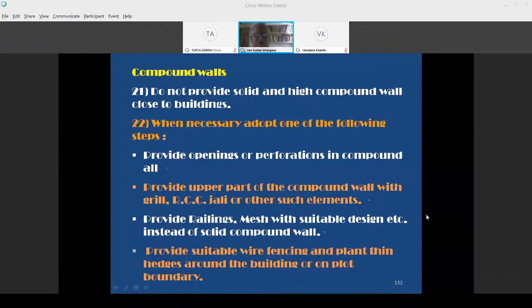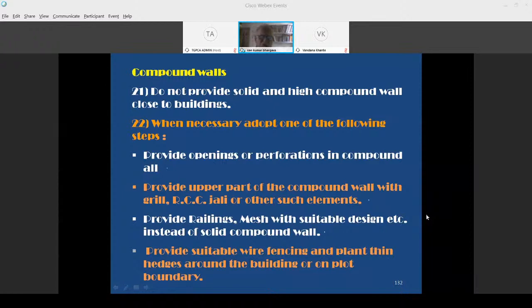The reason might be security or some other reason, I do not know. But friends, this high compound wall unfortunately deprives the ground floor of normal ventilation, airflow, view, etc. So this high compound wall, as far as possible, is not preferable. We must try to avoid it.